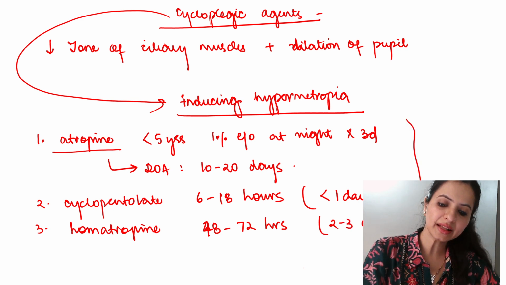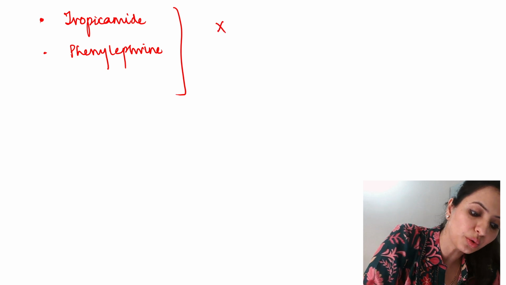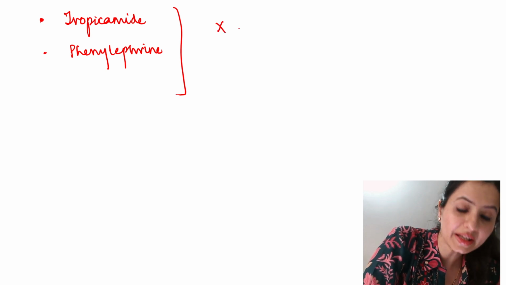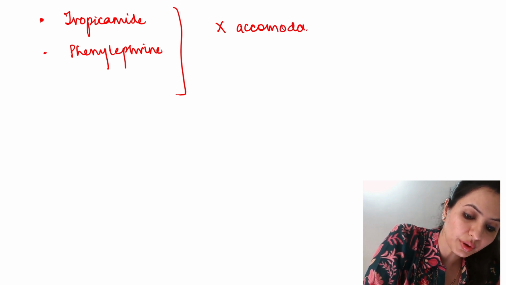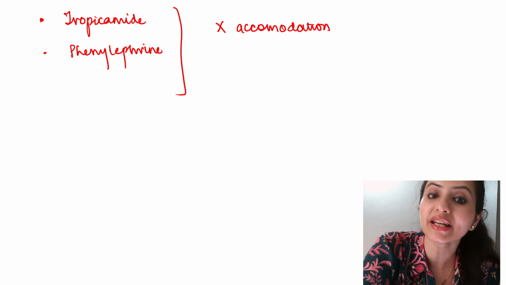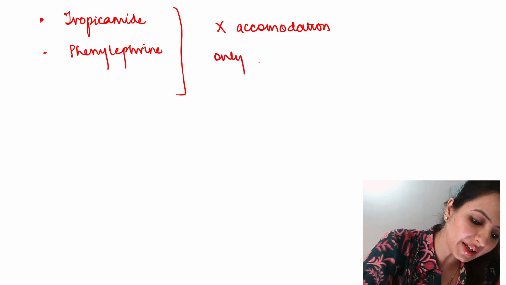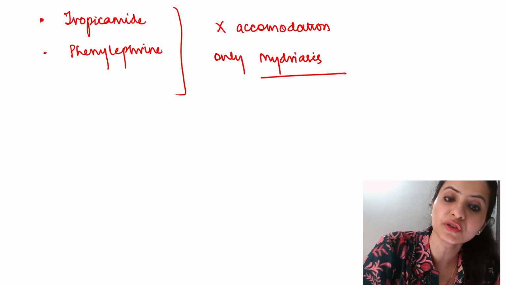Okay, then there are drugs such as tropicamide and phenylephrine. So these drugs don't act on the accommodation. Okay, so they are not causing cycloplegia, they are instead causing only mydriasis, that is dilatation of the pupil.